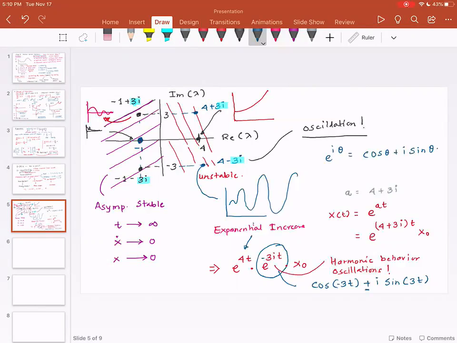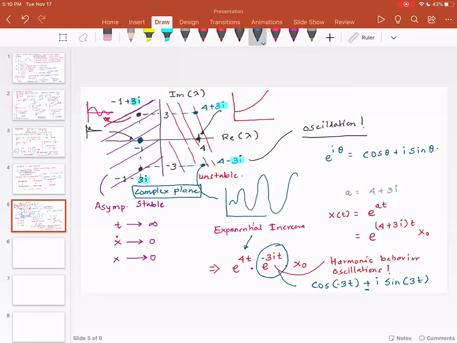But still the oscillations remain. So remember, the eigenvalues, where they are in this complex plane, dictate the behavior of the system.